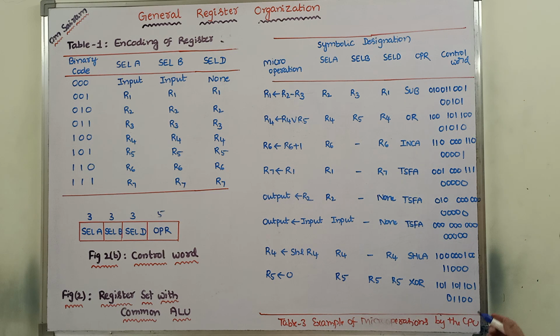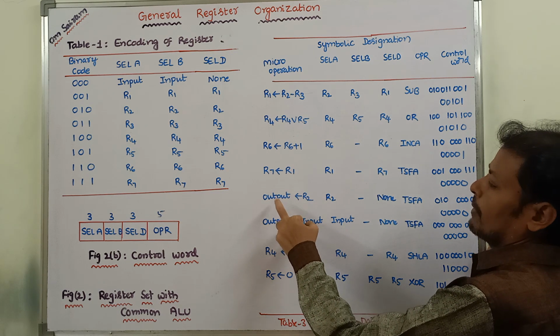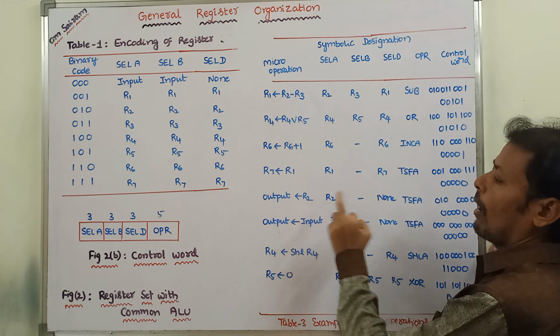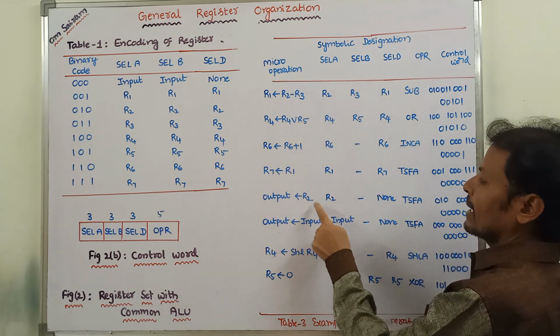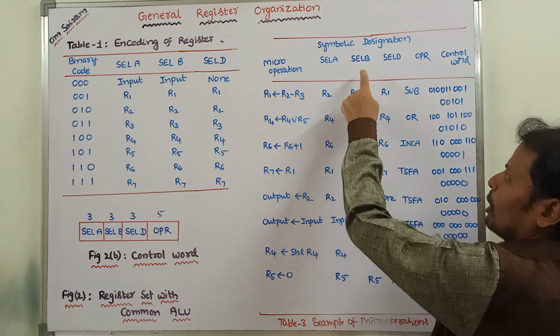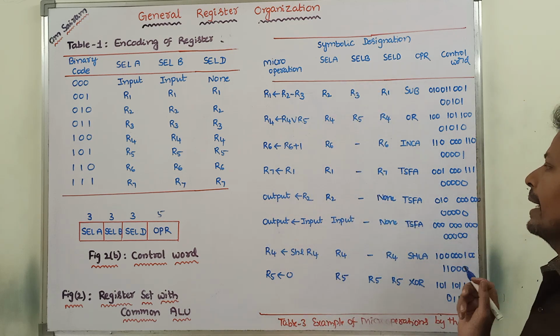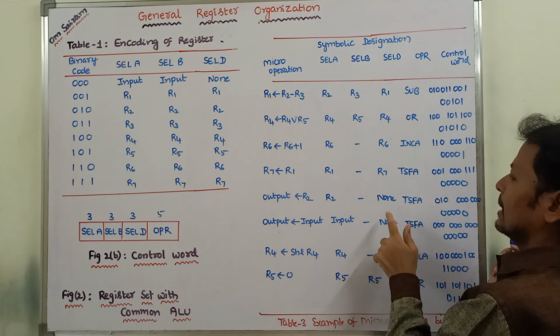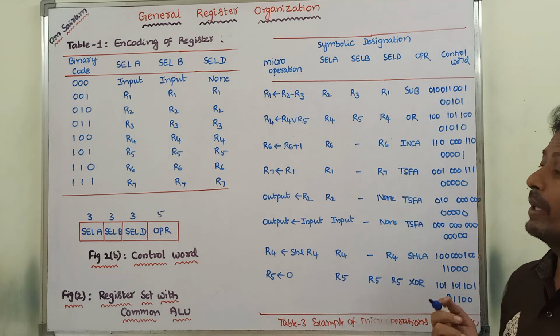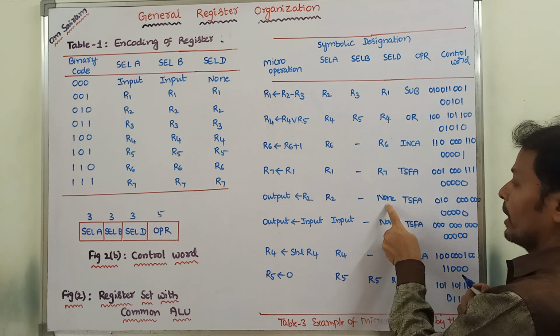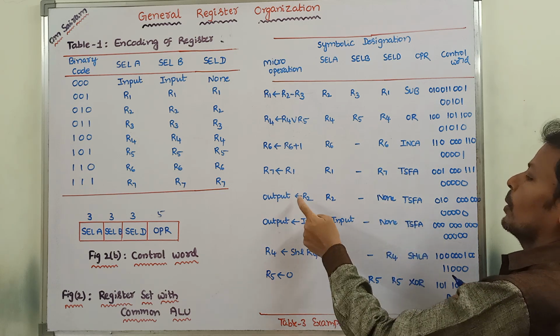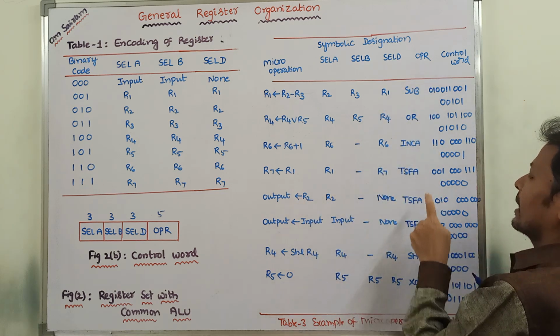Suppose we want to perform this one, output arrow mark R2. So SELA determines R2, SELB does not determine anything, and SELD does not determine anything because output cannot be determined, so we have to write none. So the OPR contains TSFA.